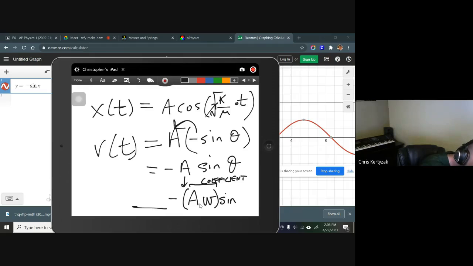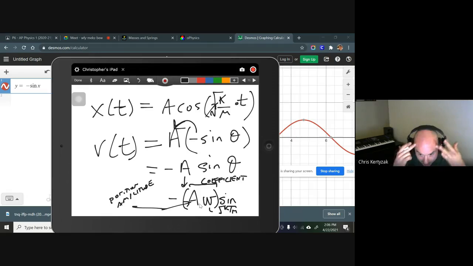A still does represent the amplitude of the displacement, the position amplitude. And omega, that's our square root of k over m, right? I don't have to stick it in right now as square root of k over m. Just in the back of your mind, omega is the square root of k over m.